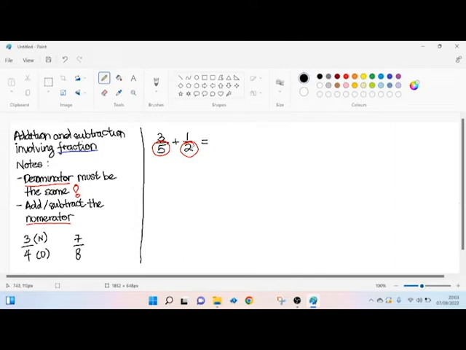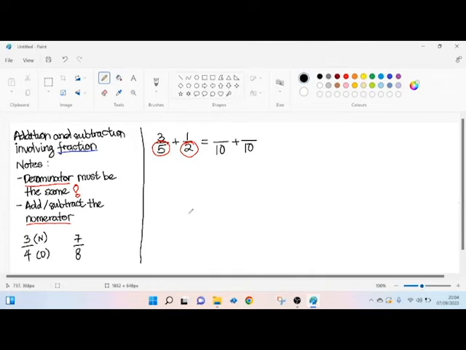Can 5 be divided by 2? No. Go to the next multiple of 5. It's 10, right? Can 10 be divided by 2? Yes. So 10 is the smallest number that can be divided by 5 and 2. So now I will write 10 as the denominator for the first fraction, and then plus 10 again as the denominator for the second fraction.